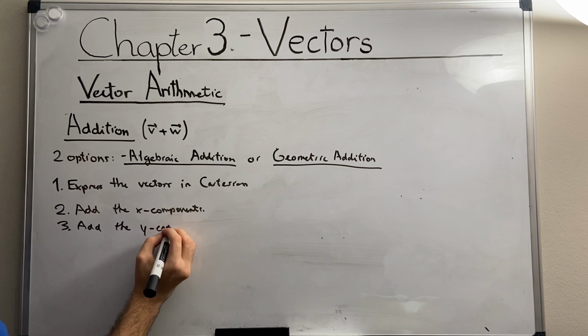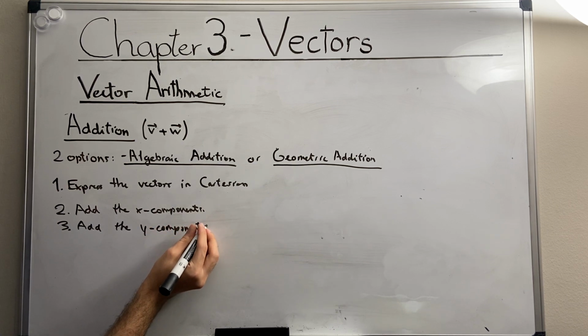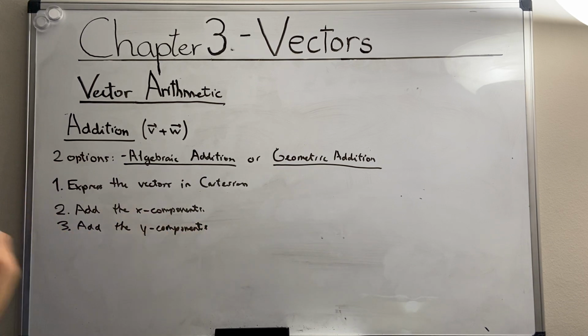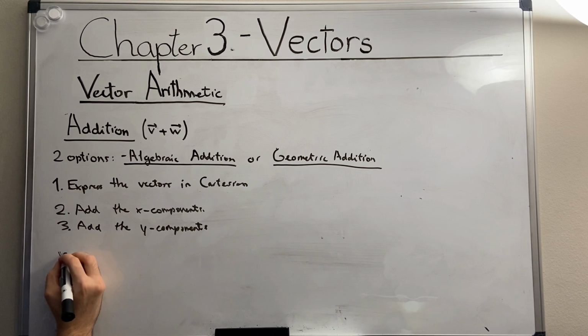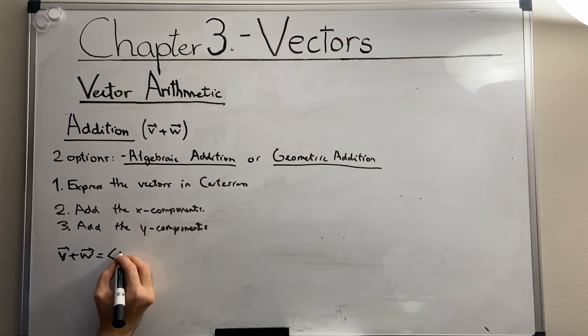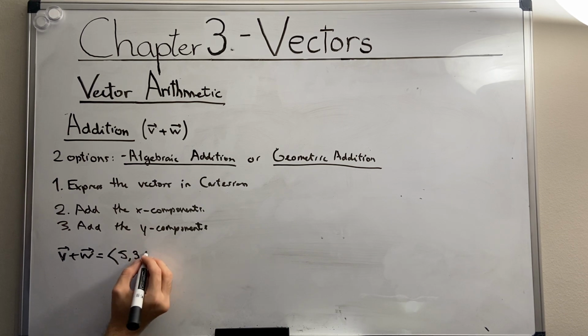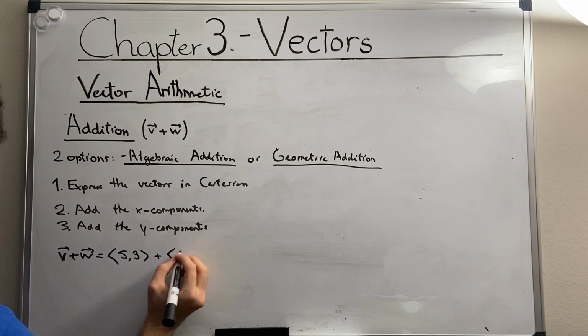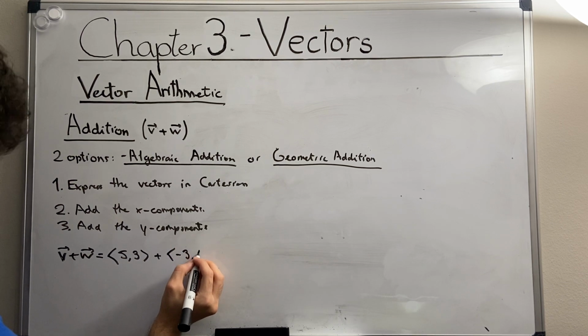I'm separating these two steps to show that you don't add x to y and y to x. It's really just x and x, and y and y, right? An example of this would be the following. Say you have v and w, and they are (5, 3) plus (-3, 4).